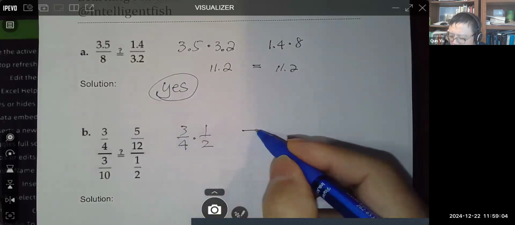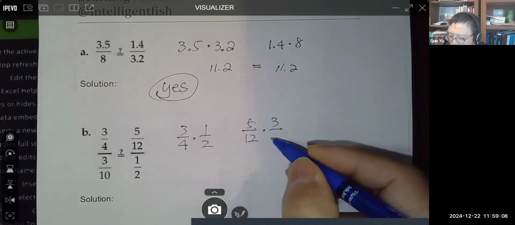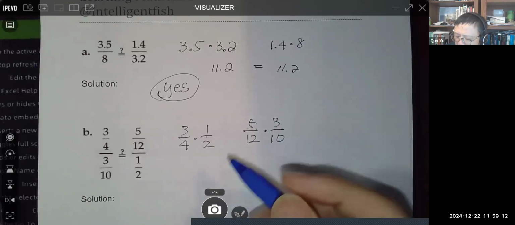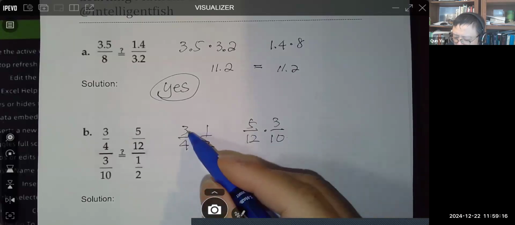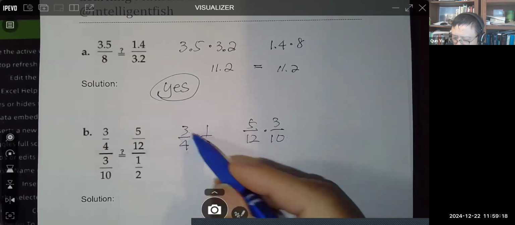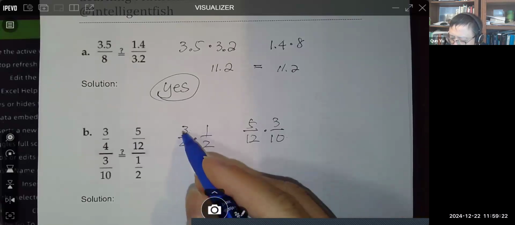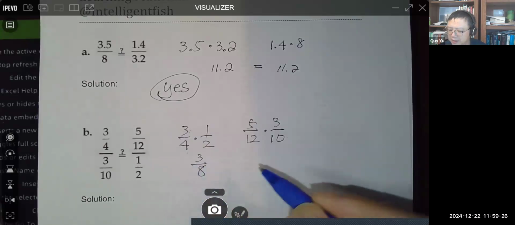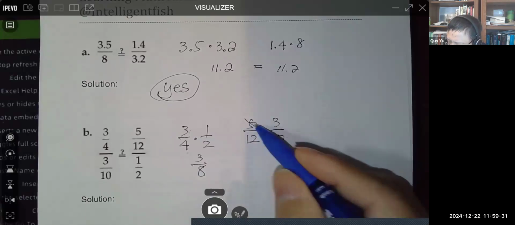The other one is 5/12 times 3/10. When we multiply fractions, usually we simplify them first. This one cannot be simplified. 3 and 2 cannot be simplified, 3 and 4 cannot be simplified. So we just horizontally multiply them out. I get 3 over 8. That's one side. The other side, certainly we can simplify between these two.